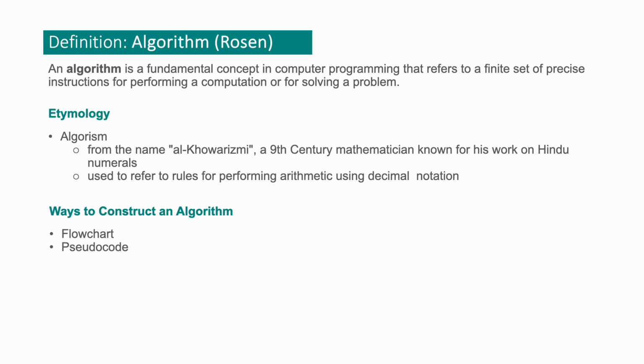So an algorithm, as Rosen defined it, is the fundamental concept in computer programming that refers to a finite set of precise instructions for performing a computation or for solving a problem. It comes from the name Al-Khwarizmi, a 9th century mathematician known for his work on Hindu numerals.